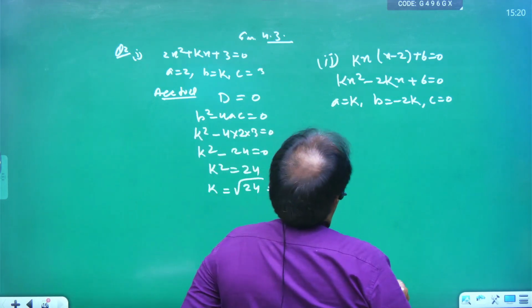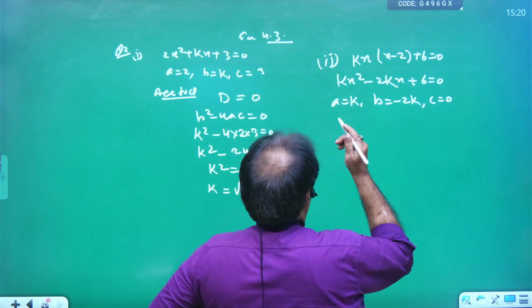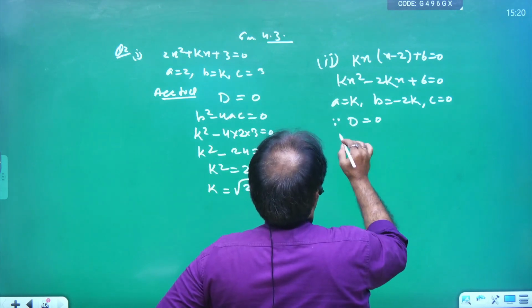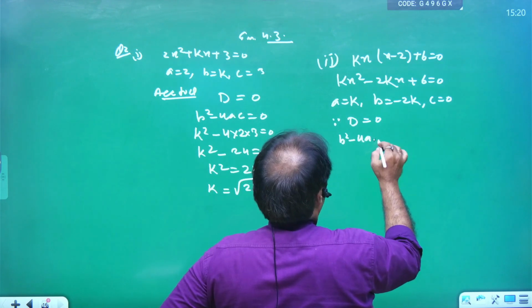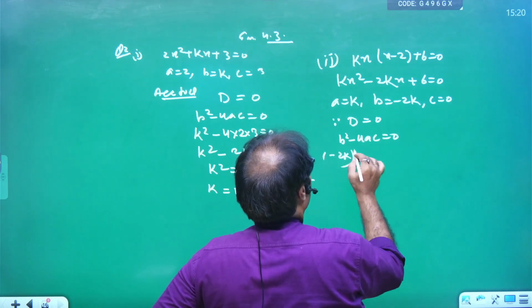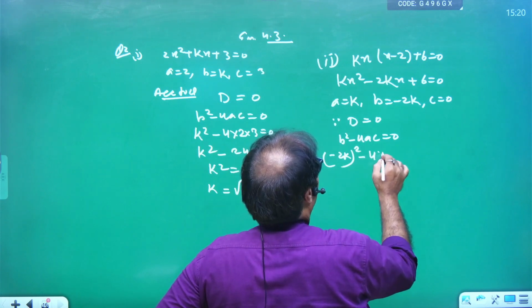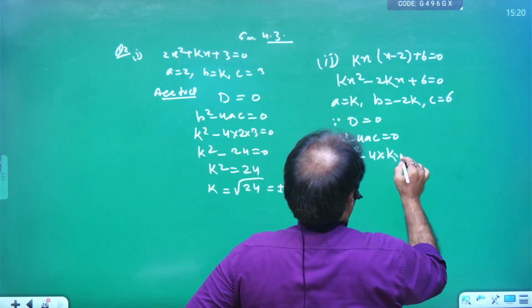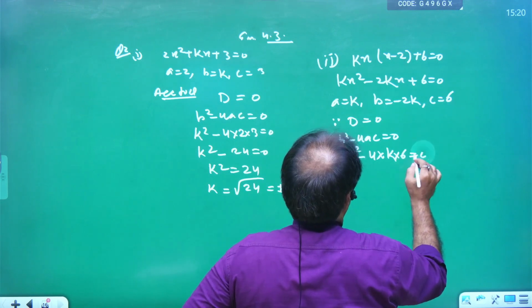Now, since according to the question the discriminant is 0, b square minus 4ac is equal to 0. So b means minus 2k whole square, minus 4 into a, which is k, into c, which is 6, equals 0.